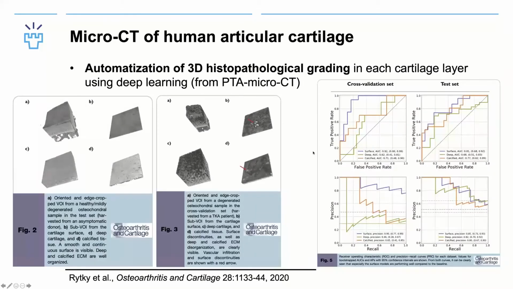But we have also tried to automatize that using deep learning, and we published last year that, especially at the surface layer of the cartilage, you can automatize this grading fairly well. So maybe in the future a computer would be able to give you the severity of osteoarthritis from cartilage-bone samples when imaged with micro-CT.